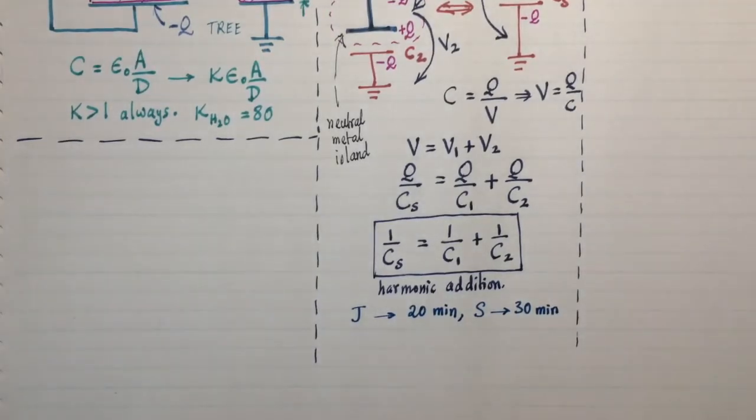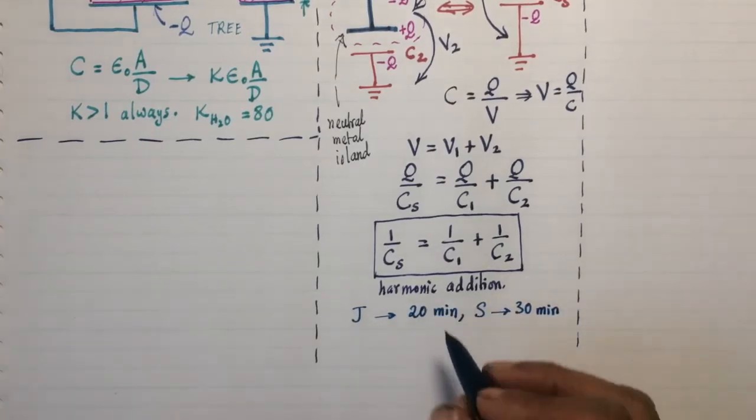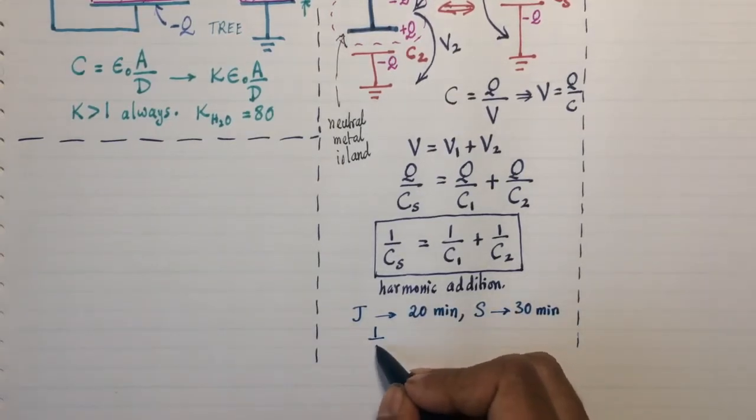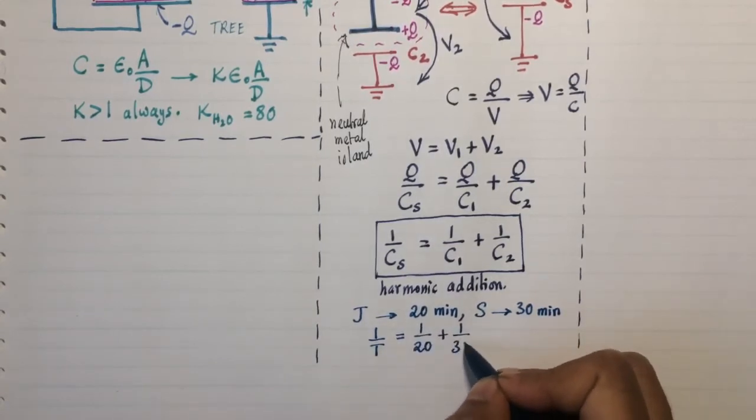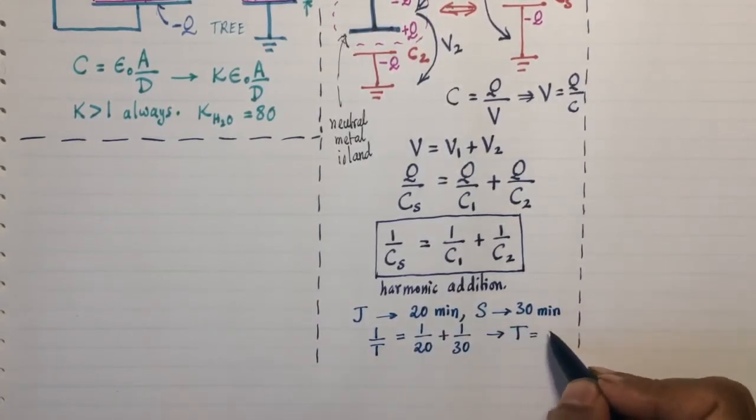How quickly will your yard be mowed if you hire Joe and Schmo together? The correct way to find out that time is 1 over t equals 1 over 20 plus 1 over 30, and then you find out what t is.